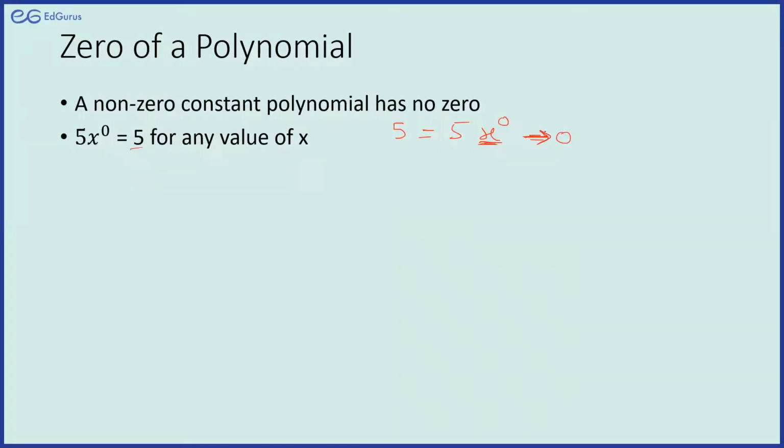Which value of x can make it 0? Is there any value of x that will make this 0? Suppose my px is this 5, right? 5 can be written as 5 × x^0. ऐसी कौन सी x की वैल्यू है जिससे ये px will be equal to 0? Is there any such value?